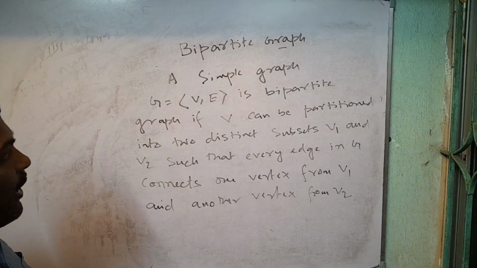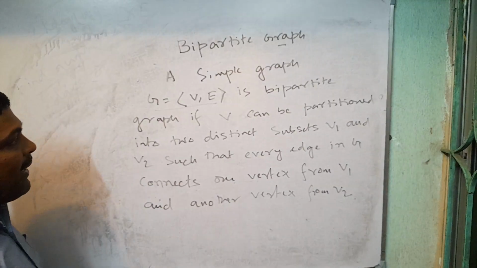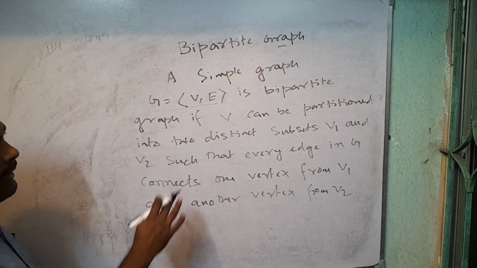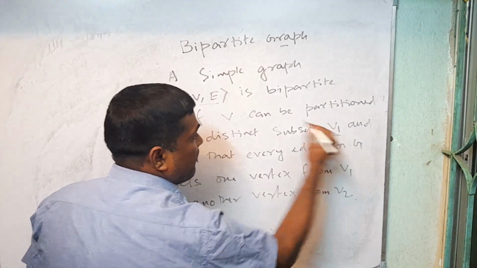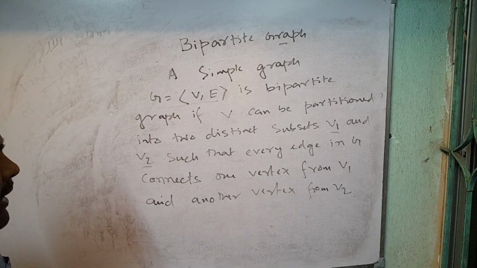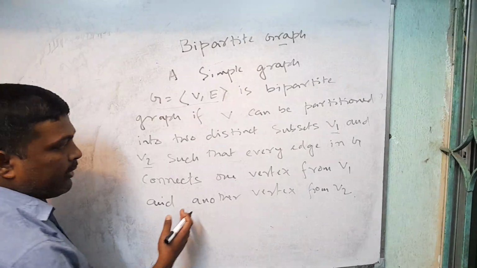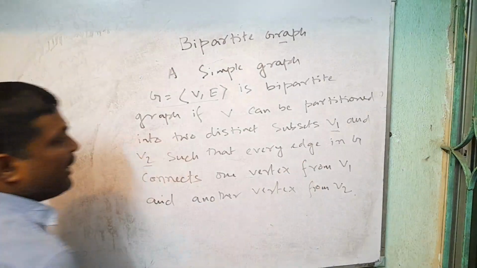Okay? So a simple graph G is a bipartite graph if the vertex set can be partitioned into two distinct vertex subsets V1 and V2 such that every edge in G connects one vertex from V1 and another vertex from V2.